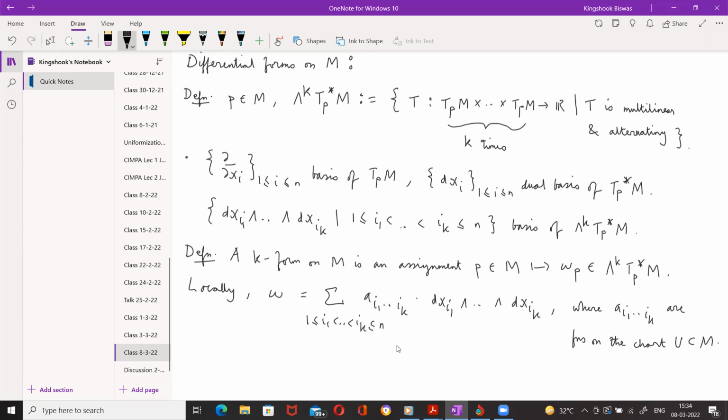I'm just writing it with respect to the basis at each point. Is this clear? So the coefficients will become functions of the point. And so we say that omega is C infinity or smooth if all of these coefficient functions are smooth.